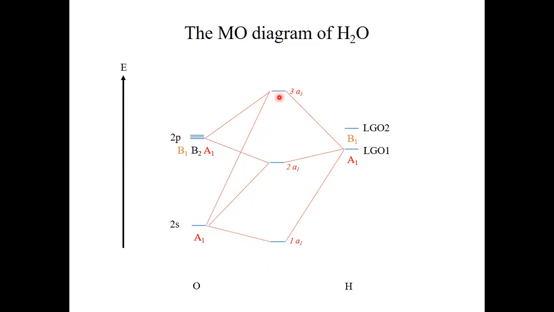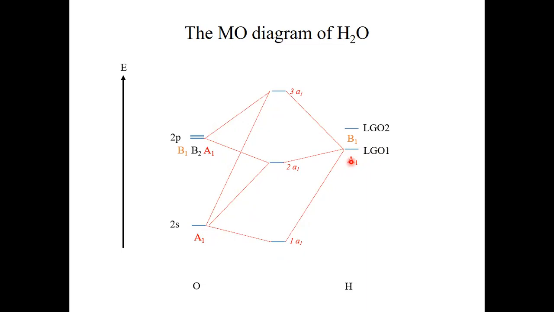But you see that all the three MOs are connected with this A1. So if we add this additional line here, all the MOs are connected with the 2pA1, and all three MOs are being connected with the LGO1 that has the symmetry type A1. Okay. Now we are finished with the A1 symmetry type.